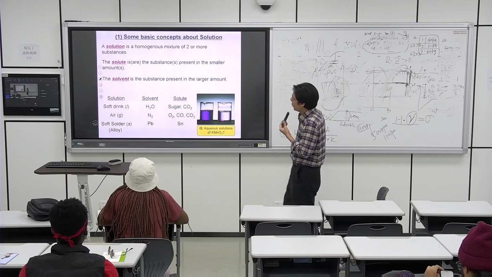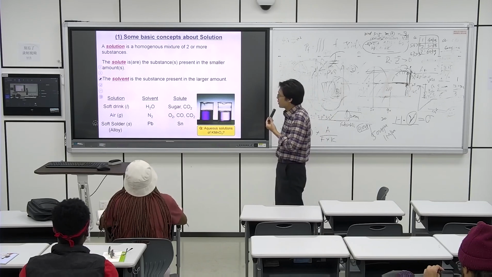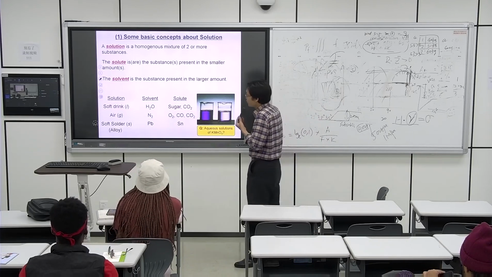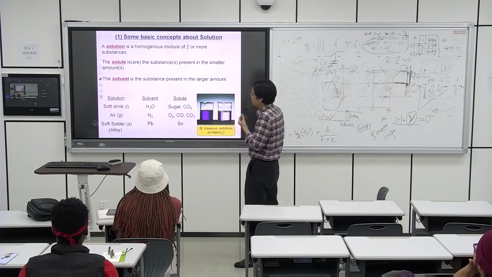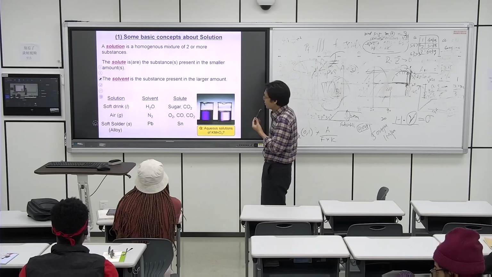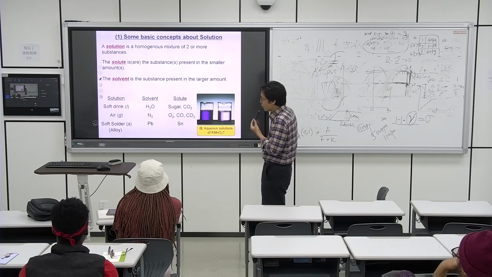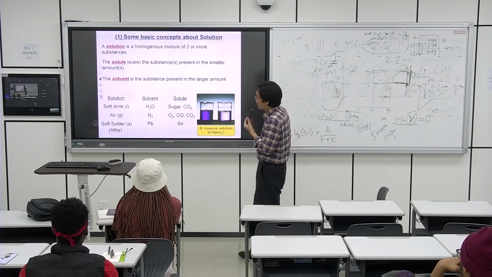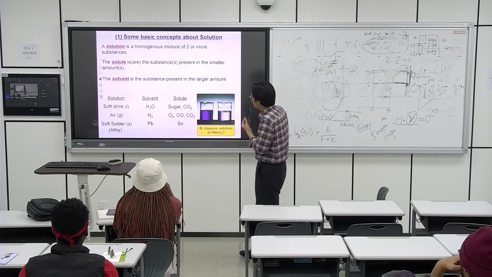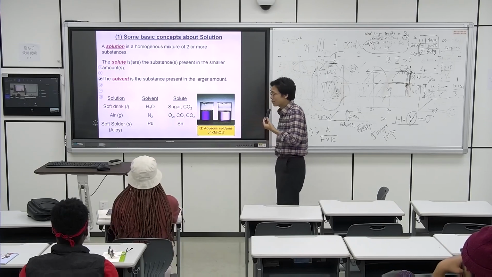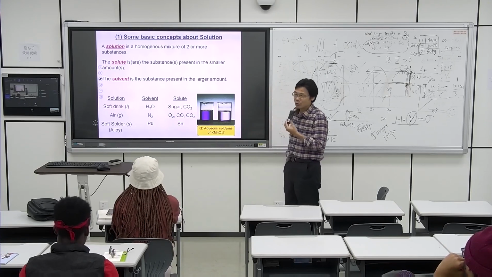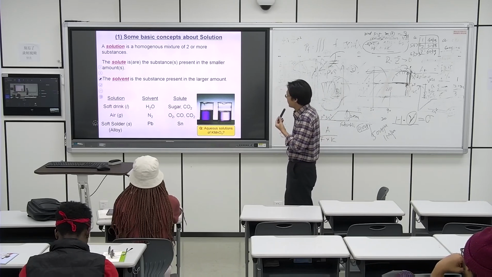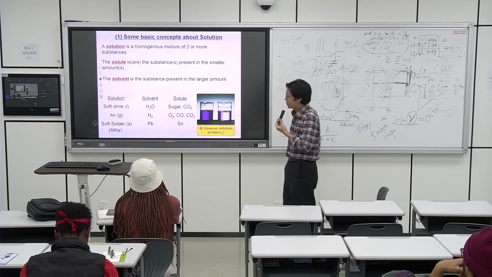For these two or more substances, some are called solutes, and one is called the solvent. The solute is, or are, the substances present in the smaller amounts. And the solvent is the substance present in the larger amount.